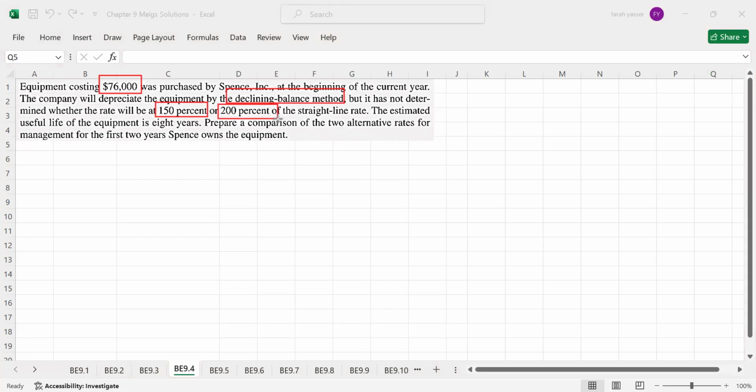So we have two different rates: 150% of the straight line method, and 200% of the straight line method.